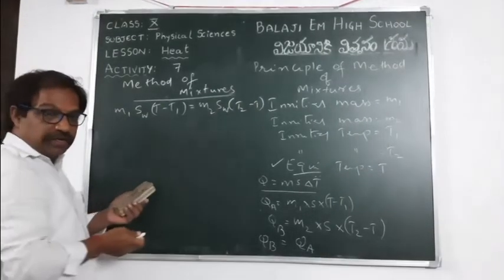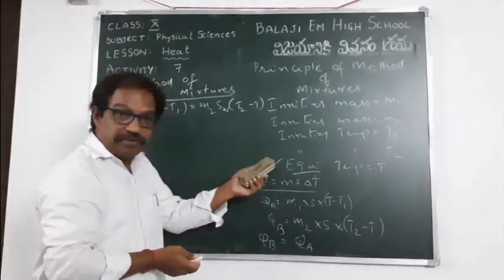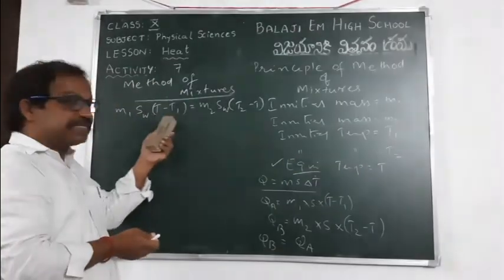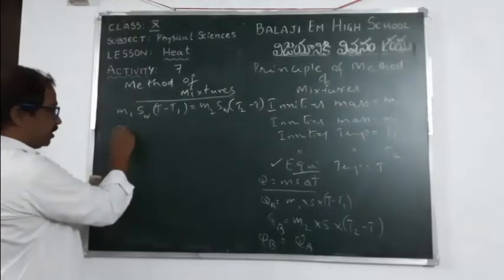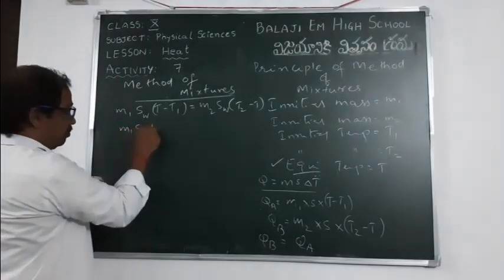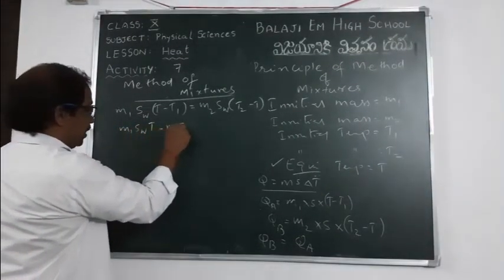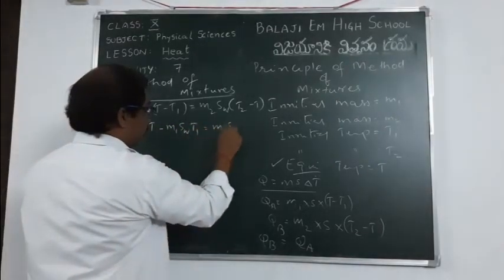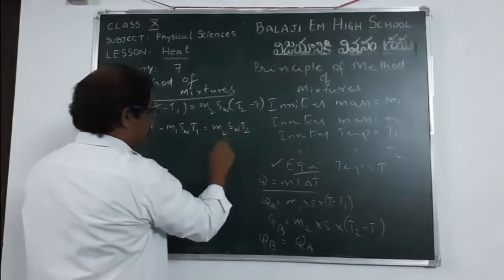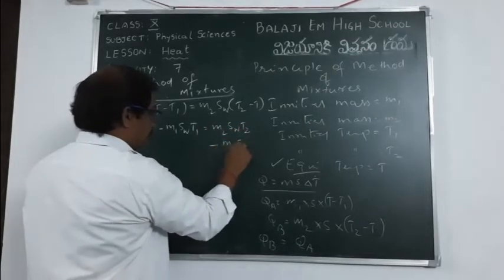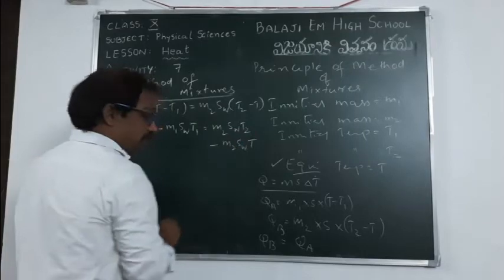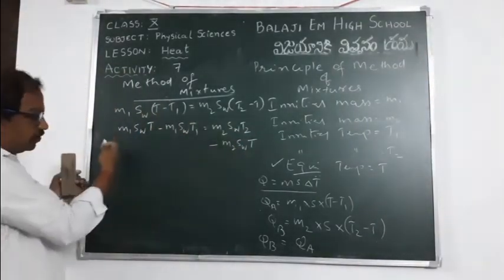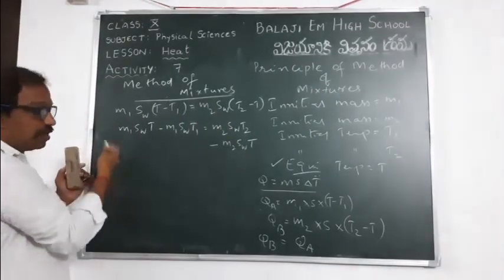What do we want to calculate? We want to calculate the equilibrium temperature, that is capital T. So we have to make T the subject. Let us multiply it out: M1 SW T minus M1 SW T1 is equal to M2 SW T2 minus M2 SW T. Now rearrange the terms. The minus term, when it transposes, becomes plus.